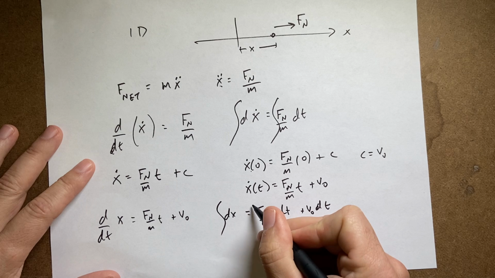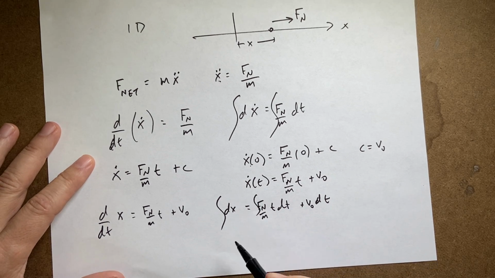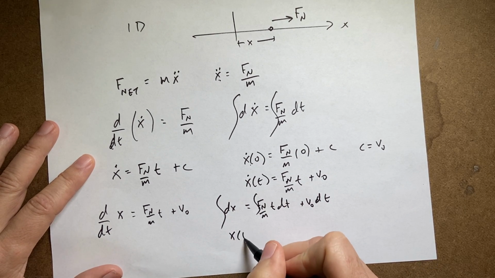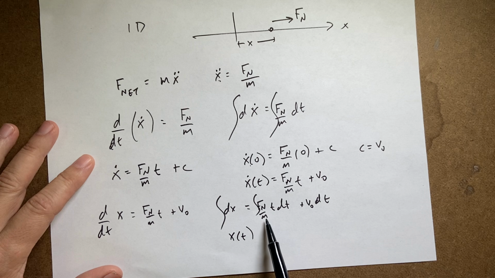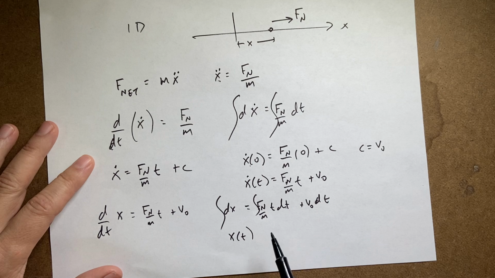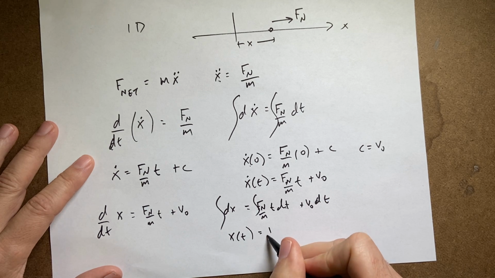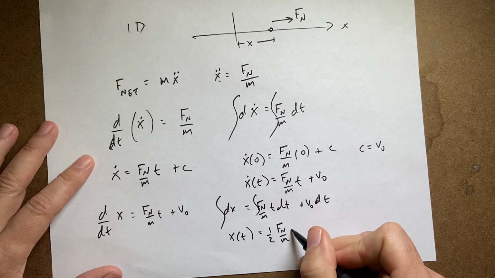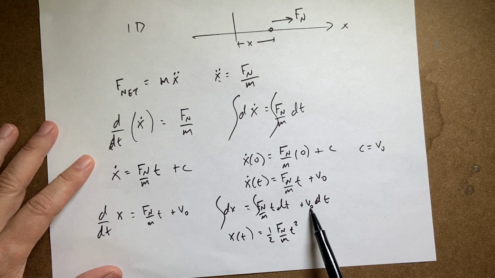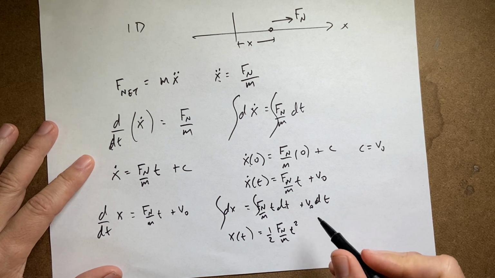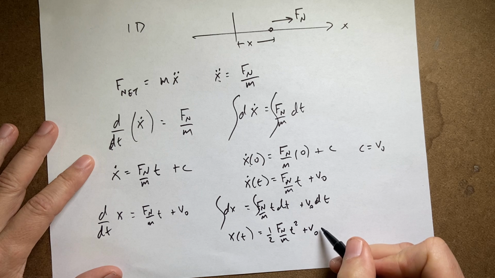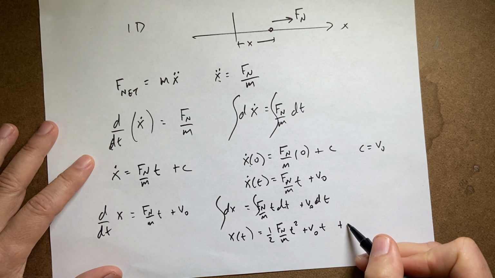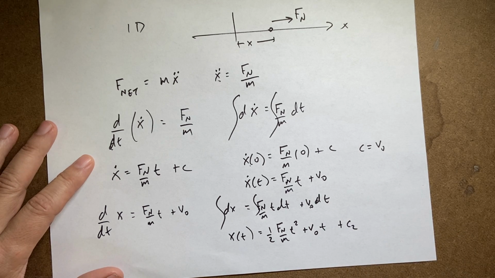And now I'm going to integrate both sides. So this side I get x as a function of t. This side now I have Fn over m t dt. If I integrate that using the power rule, I have to add 1 to the power and divide by the power. So I'm actually going to get 1/2 Fn over m t squared. And then I have v0 times dt, so it's just going to be v0 t plus c2, the next constant.